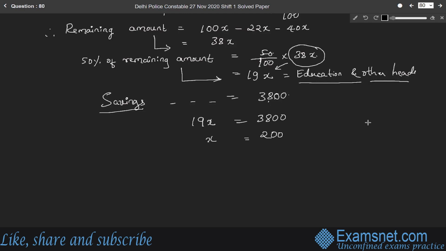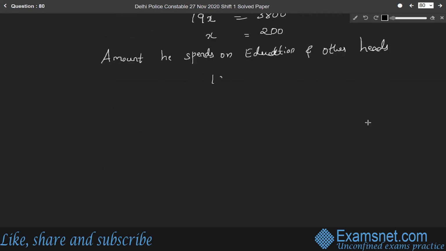Therefore, the amount he spends on children's education and other heads is equal to 19X, which is 19 into 200, 3800 rupees.